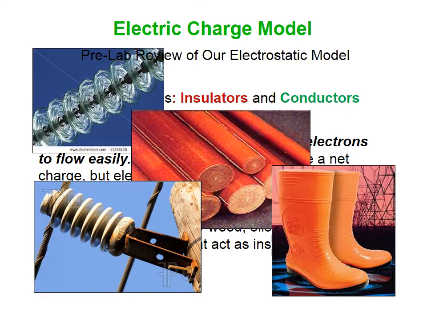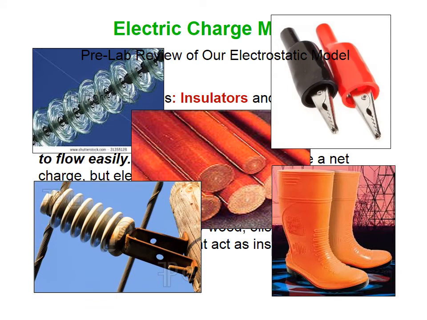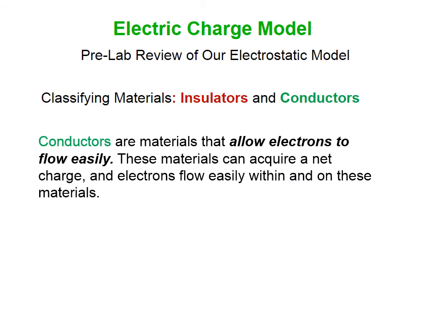There's another example of an insulator holding a wire that's carrying a lot of current and voltage off of the tree, so it's keeping it from contacting the wood or any other materials. And then we see rubber around wires so that we can clip the alligator clips without actually touching the conducting metals.